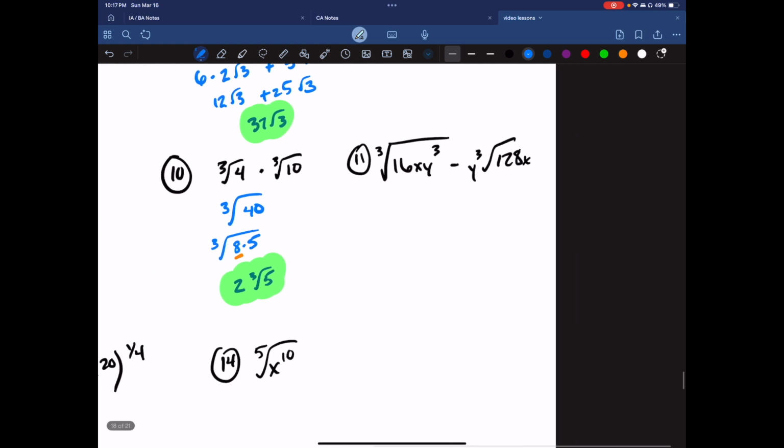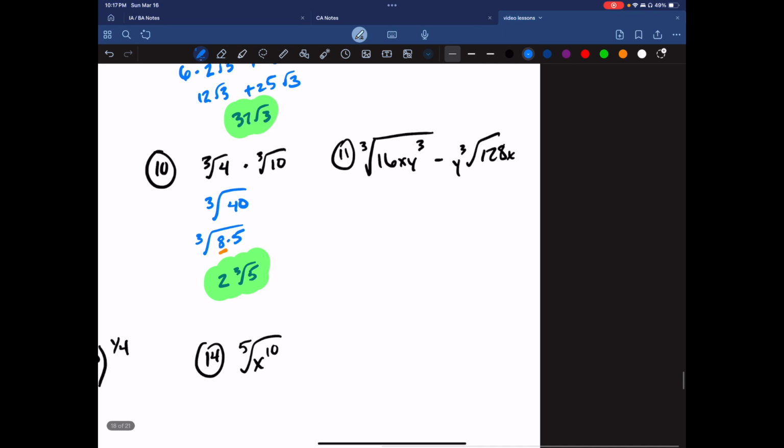Okay. Number 11, I need to rewrite the insides so that I have like terms. Okay, well, let's see. Cube root.